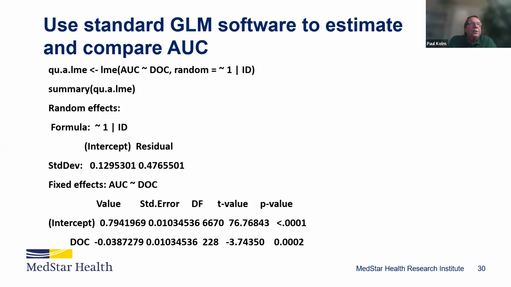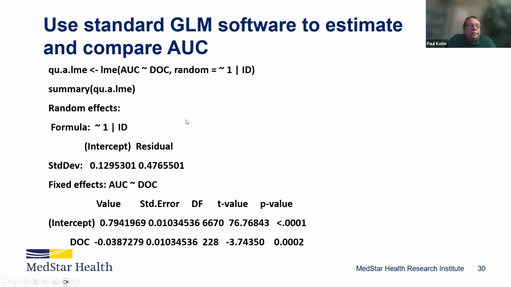And so this is, I believe, R syntax here, where our linear mixed effects model has the AUC modeled as a function of the doctor, either PCP or dermatologist, and then the ID is the patient ID, which is our random effect.